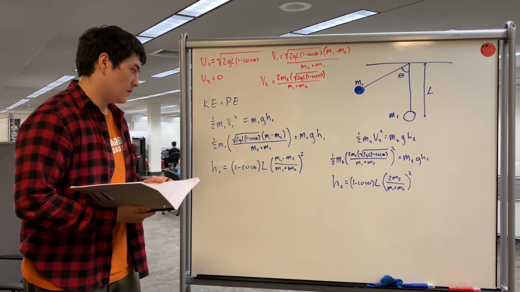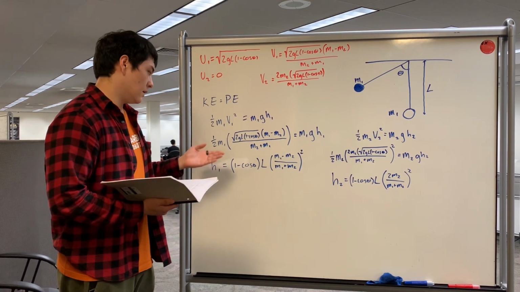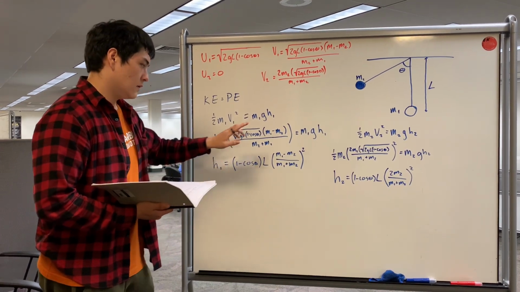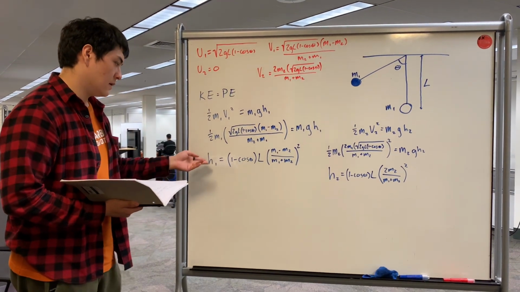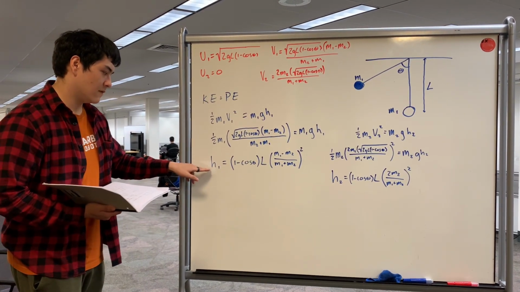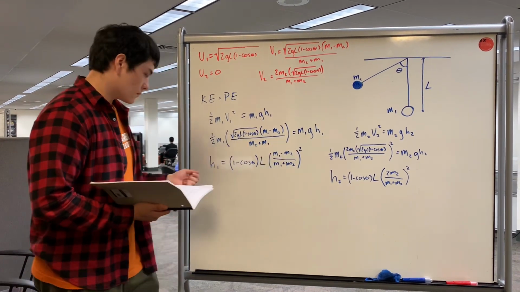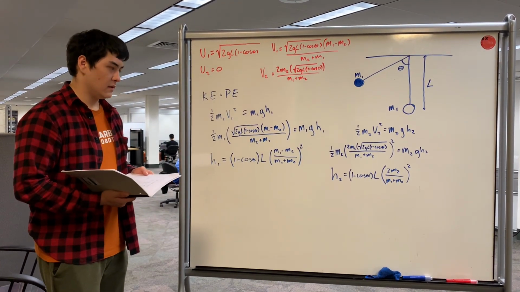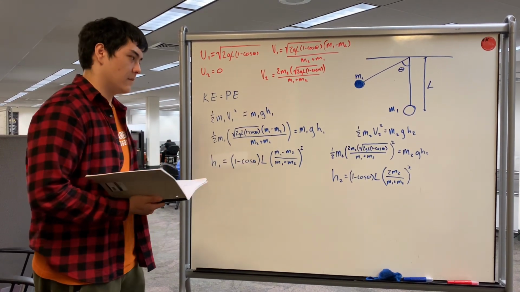And so what we want to do is substitute in the terms we figured out here into the equation, and with simplifying it algebraically, rewrite everything such that we have H1 in terms of all the terms we know here. And so that leaves us with the height of ball 1 represented by this equation here.